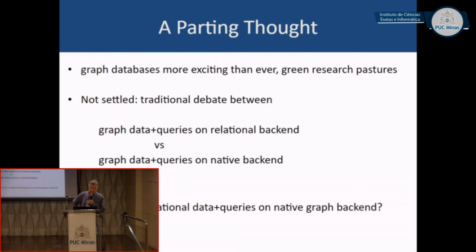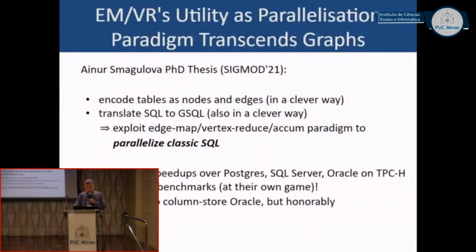What about taking relational data and relational data analytic tasks, queries and such, and running them on a native graph backend? This may seem counterintuitive. It was usually the other way around. However, there is strong, recent evidence that this may not be such a bad idea.